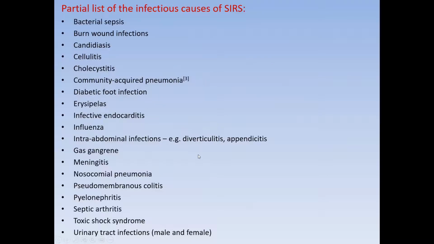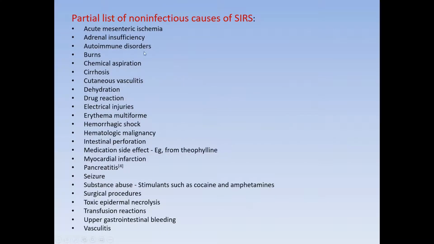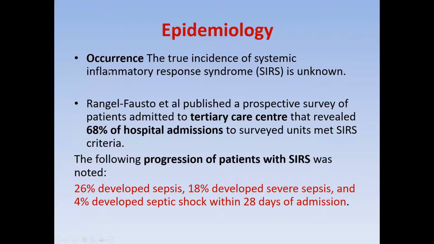Etiology, we talked about etiology. This is a partial list of infectious causes of SIRS. You can go through yourselves. Non-infectious. Epidemiology. The true occurrence of SIRS actually is not well known because it is not very clear cut. But following progression of patients with SIRS was noted.